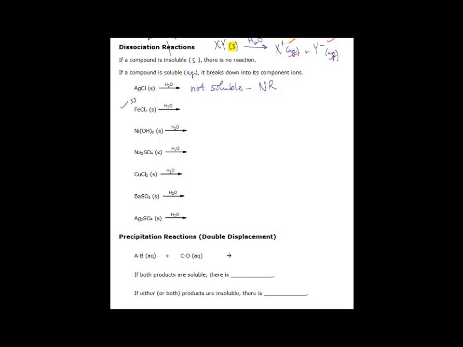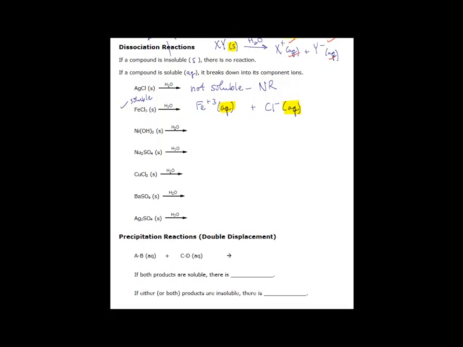So it's soluble. So when it ionizes, iron will have a +3 charge, and chloride will have a -1 charge. And put the aqueous by each of these, because we just went through the solubility rules.